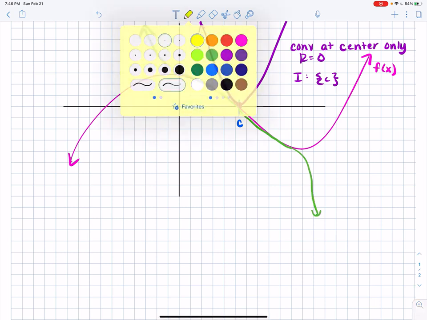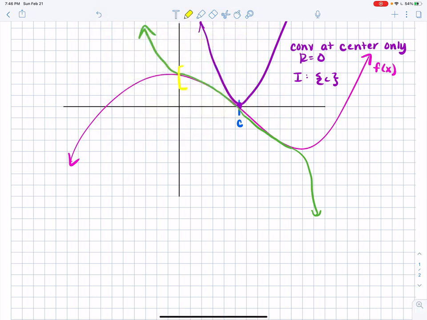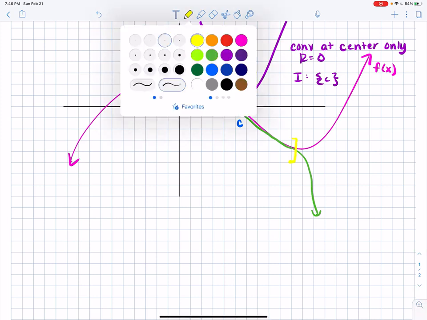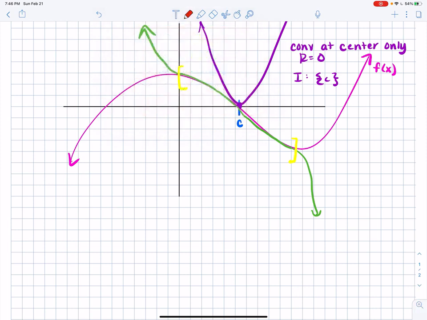Essentially, there is a range of values that is a good fit for the function, and the distance from here to here we would call the radius of convergence. For the purposes of this example, let's call this A and let's call this B. And the interval of convergence would be from A to B.